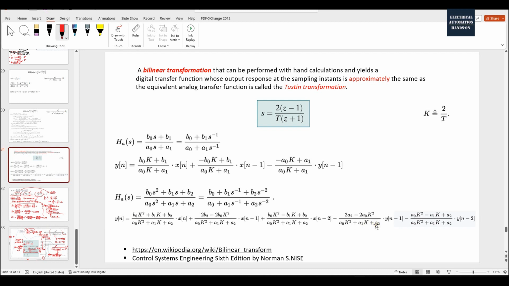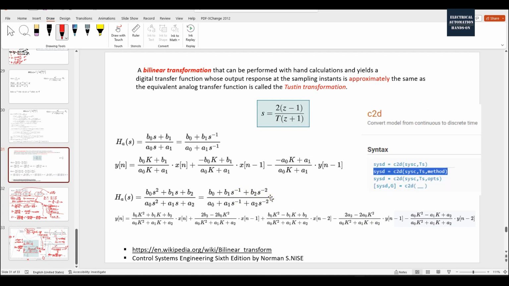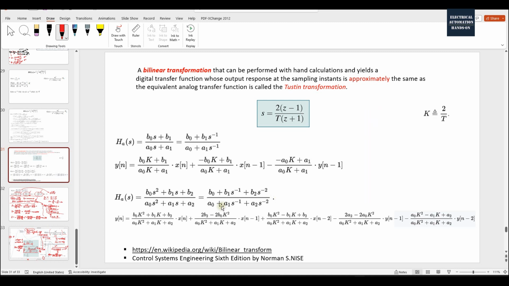But once we have one S domain transfer function, we can use c2d and type in ZOH, to involve the zero order holder, and tell the system the sample time is 0.1 second. Then MATLAB converts it to a Z domain transfer function. And then once we have the Z domain transfer function, we can easily get a difference equation, right?